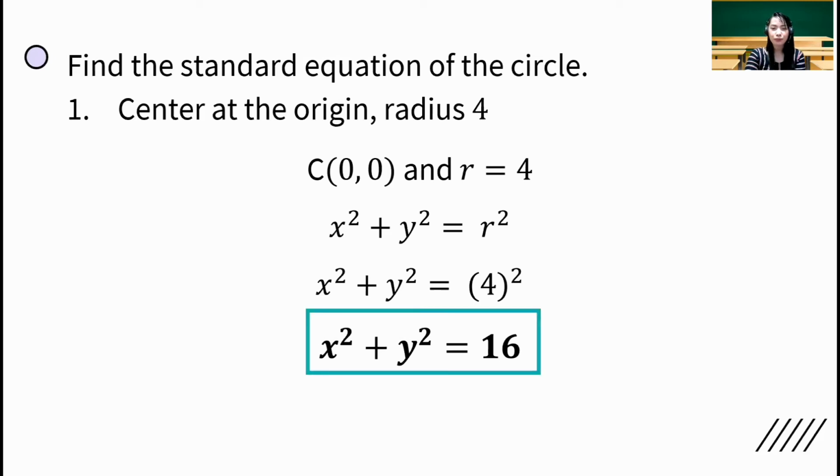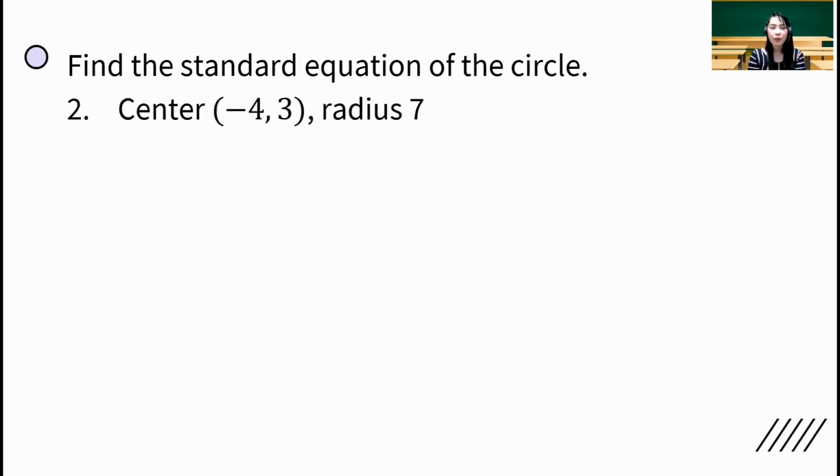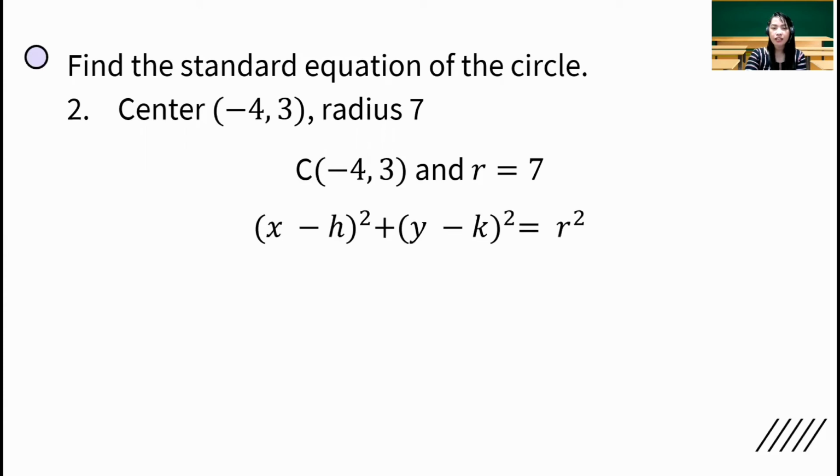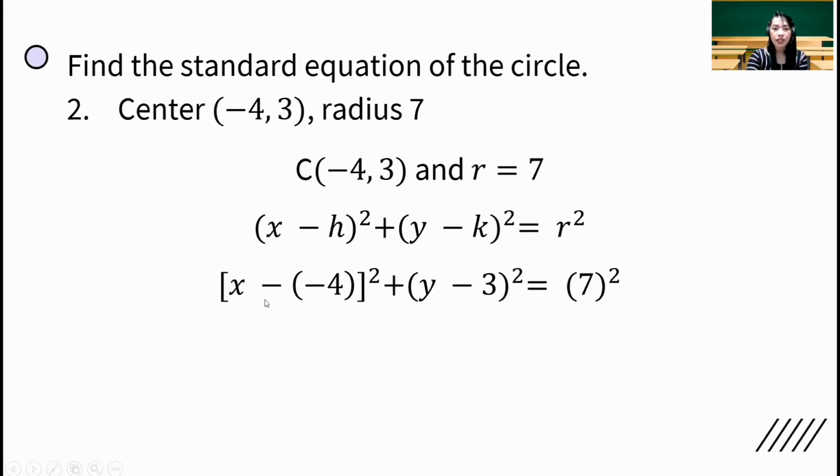Number 2. Find the standard equation of the circle, given the center at (-4, 3) and radius 7. We have point C (-4, 3) and r equals 7. Given the standard equation of the circle, and given the center and r, just substitute it to the given equation. So we have x minus -4 squared plus the quantity y minus the k from the center, which is 3, squared, equals r, which is 7 squared.